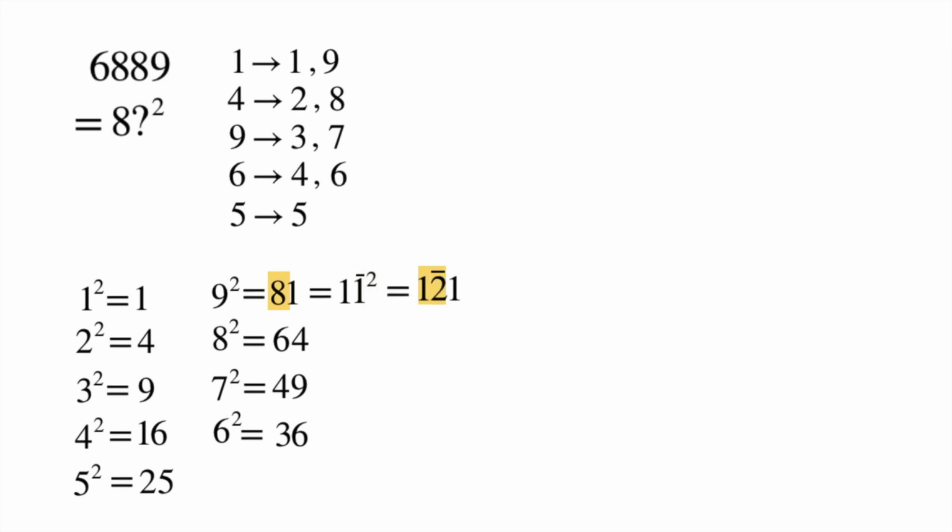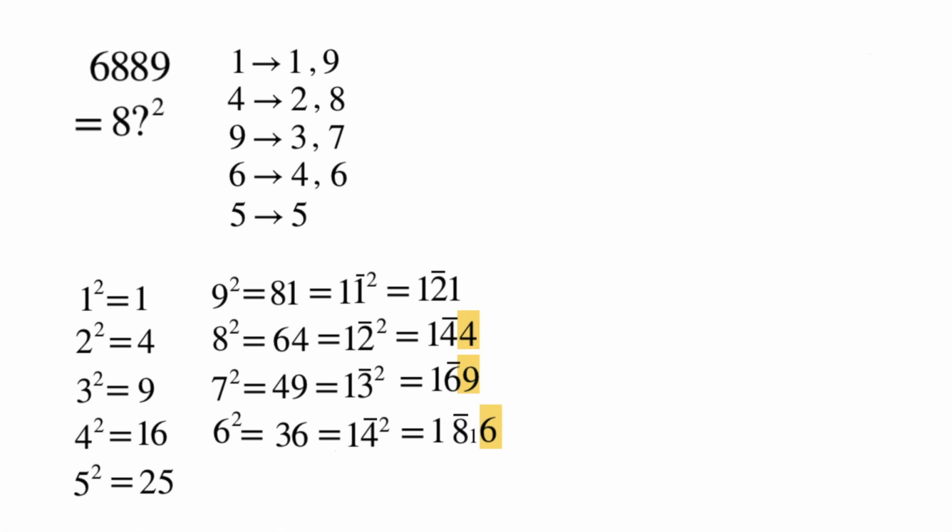Also 81. Neg 1 squared is 1 squared, as in video 4. 8, 7, and 6 are hinge 12, 13, and 14. A negative squared is the same as a positive squared. So let's try 3, as we did. We got it.